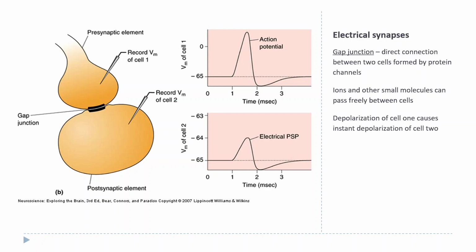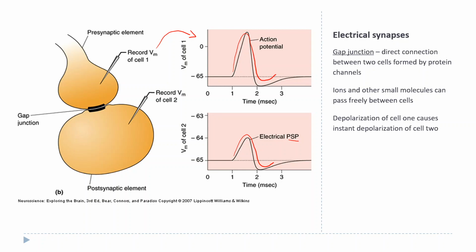So if, for example, you have this situation where we're recording the membrane potential of cell 1, if you see an action potential, so this curve is an action potential occurring in cell 1, and almost at the exact same time, you will see a change in the membrane potential of the postsynaptic cell. That's what we mean by PSP.